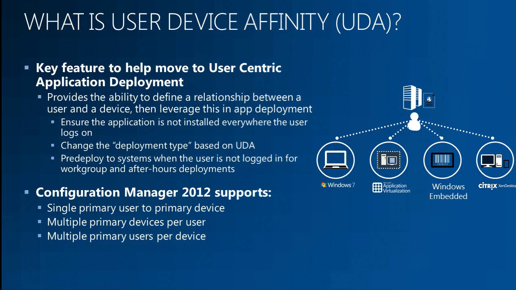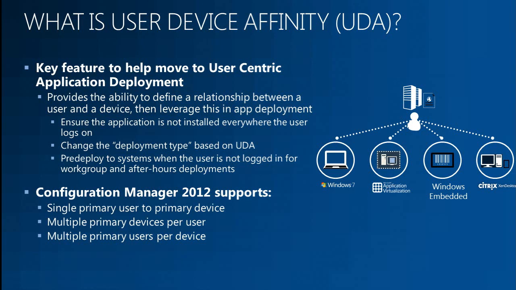We'll play it by ear. So one of the keys to being able to deploy confidently to users, as I mentioned, user deployment in CM07 was fraught with danger in the past. One of the ways to deploy confidently to users is to define what systems are their primary systems. And that's where this concept of UDA comes in, user device affinity. User device affinity is a way of creating a relationship between a user and their devices.